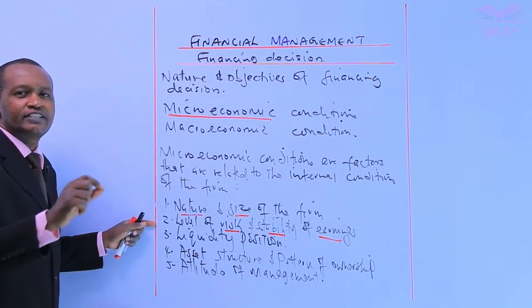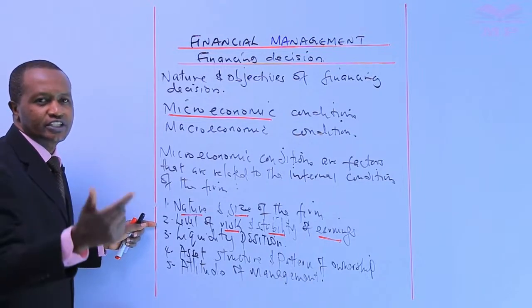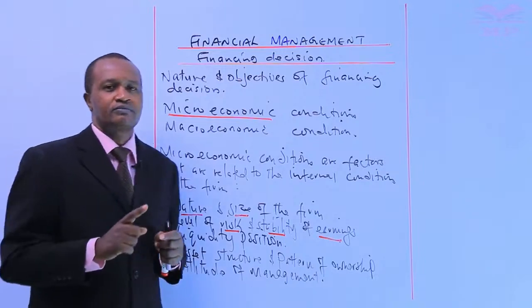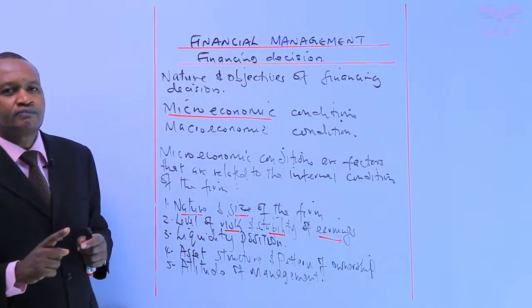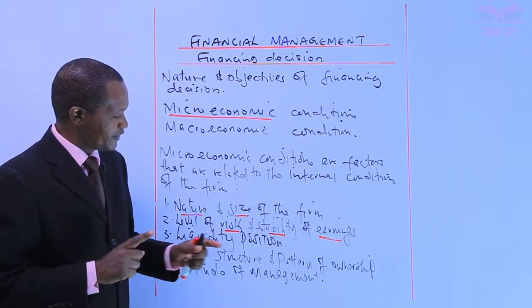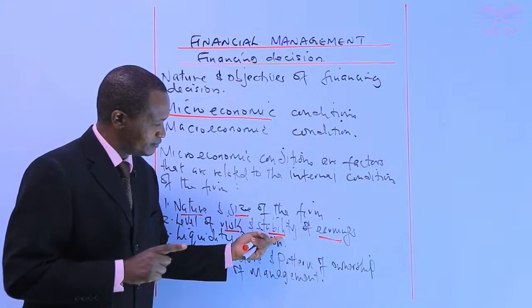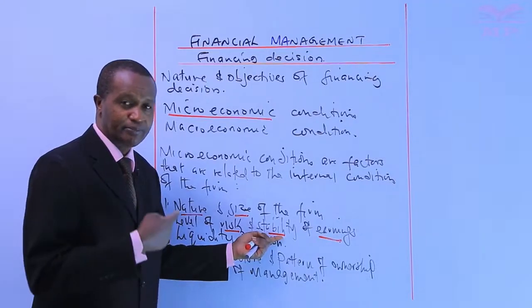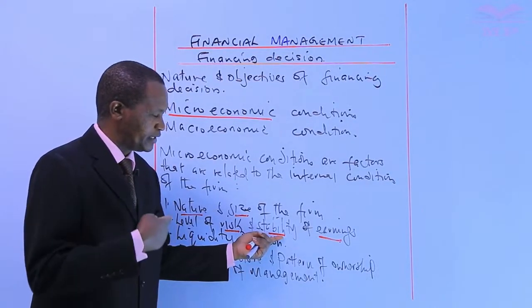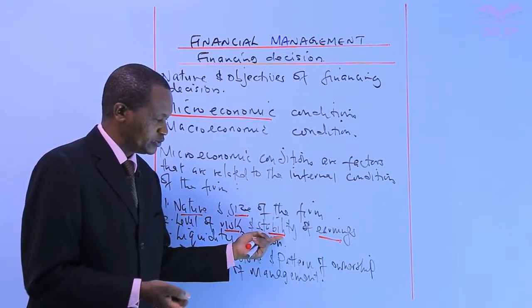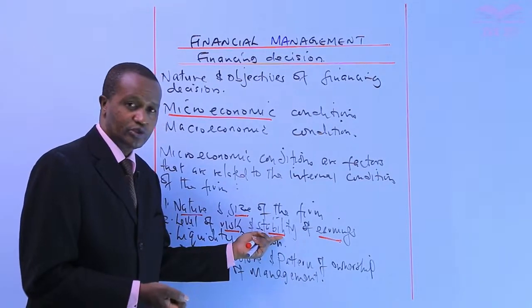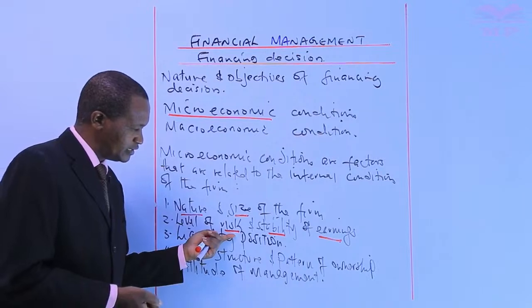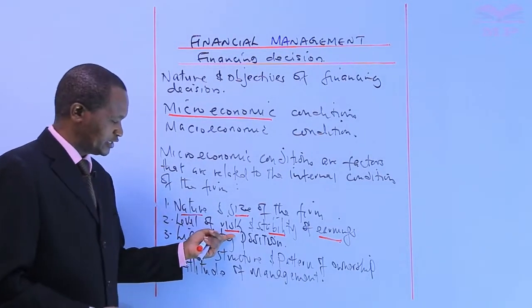And in such a case, fixed cost capital such as preference shares and debentures may be preferred. All right? If a company has stable income, then that company can easily service loans, pay interest on debentures, pay fixed dividends to preferred shareholders and so on. So you can see how level of risk influences financing decisions.